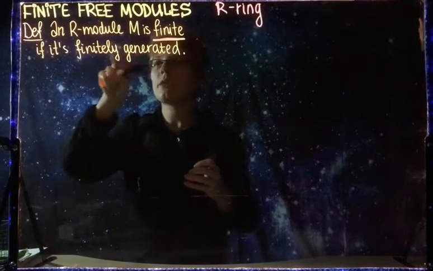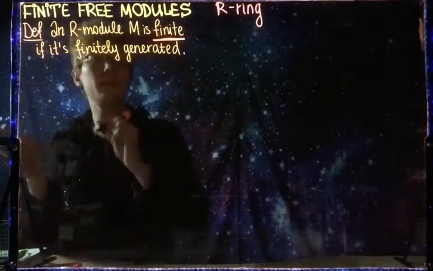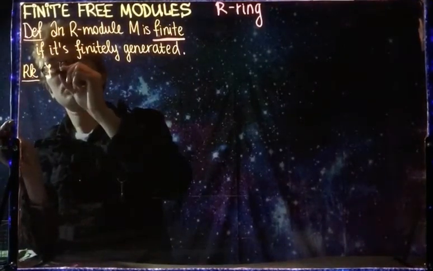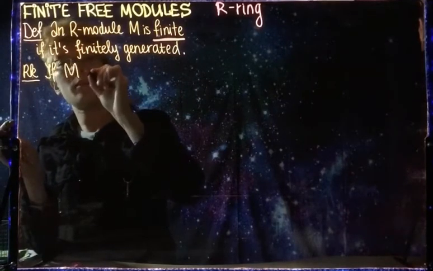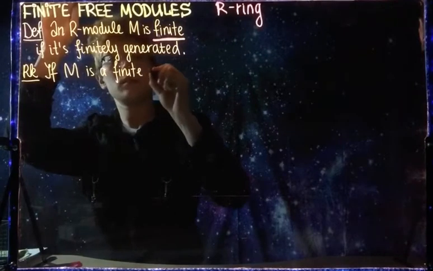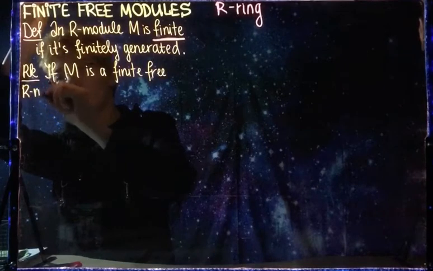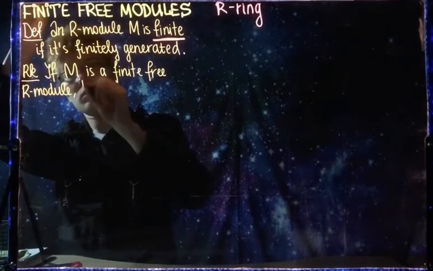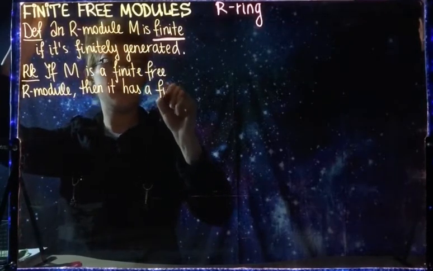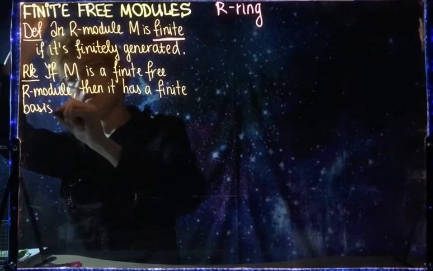For free modules, it means that a finite module has a finite basis. So if M is a finite free module, then it has a finite basis, a finite basis set.